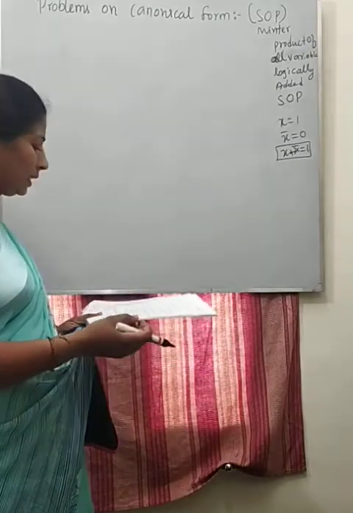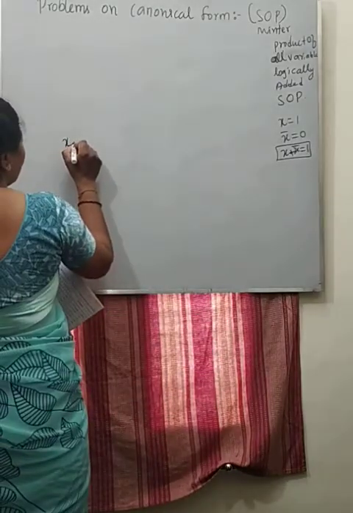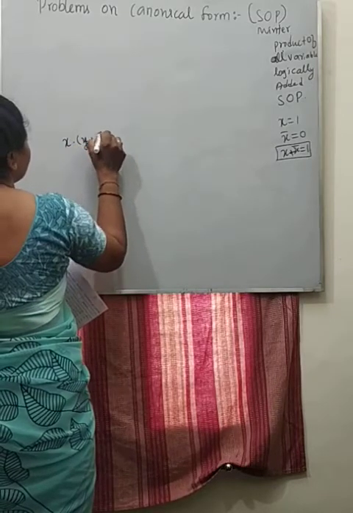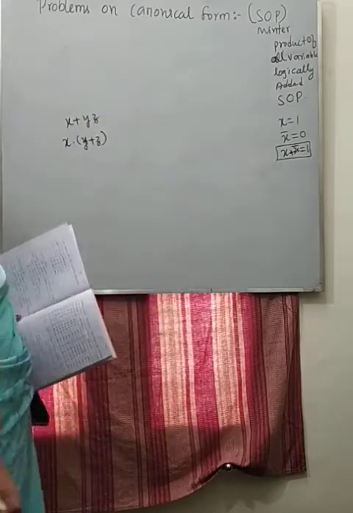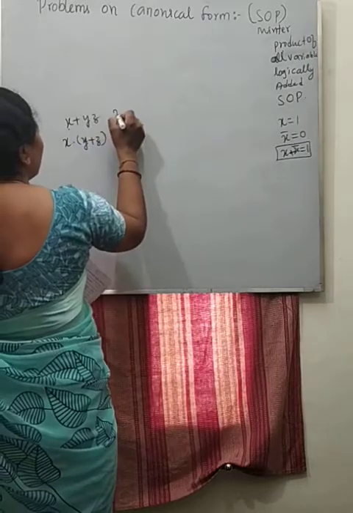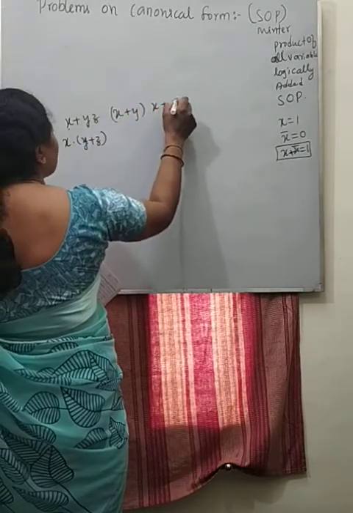When we were discussing sum of product, do you remember x into x plus y plus z, and x plus yz? This is how we have distributed x plus y into x plus z.